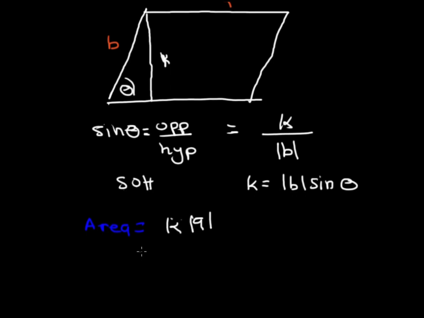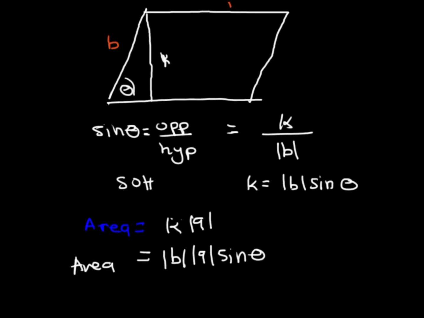So the area becomes the magnitude of B multiplied by the magnitude of A sine theta, and this is the expression we get for the area of this parallelogram.